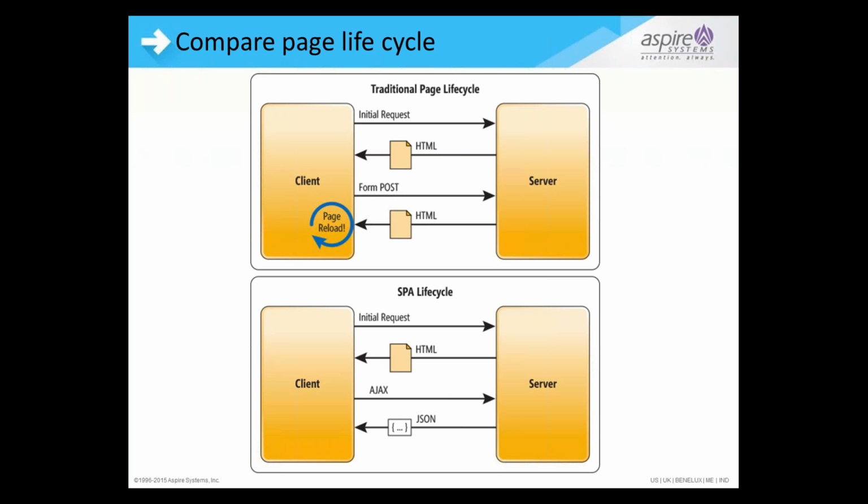But in this single page application, what happens? Only the first time the container is returned. From then onwards, whatever data is required by the client will be sent using an AJAX call or RESTful Web API, and only JSON data will be returned. Okay, and this JSON data will be passed and shown in the container, which we already have available, right?